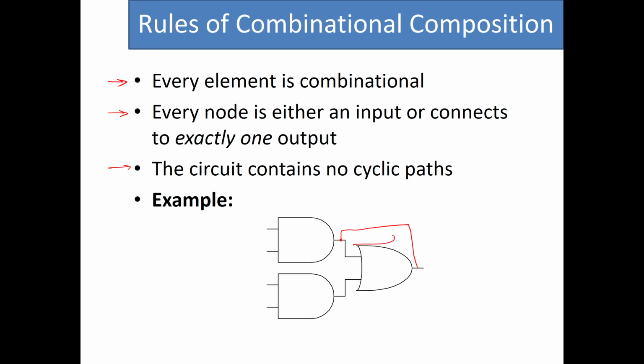As you can see here, we have a loop. This is not allowed in combinational logic circuits. It is allowed in sequential logic circuits, of course with some conditions, but for combinational logic circuits there shouldn't be any cyclic path of this sort.